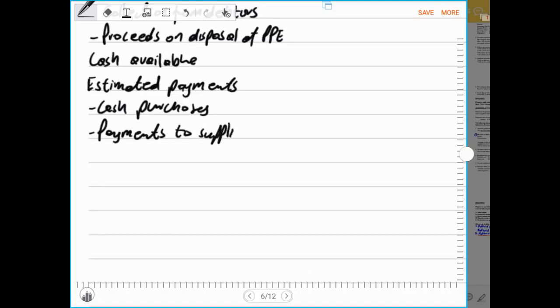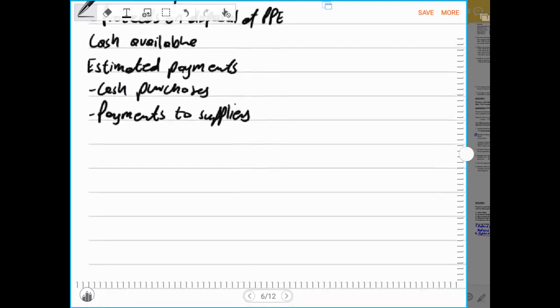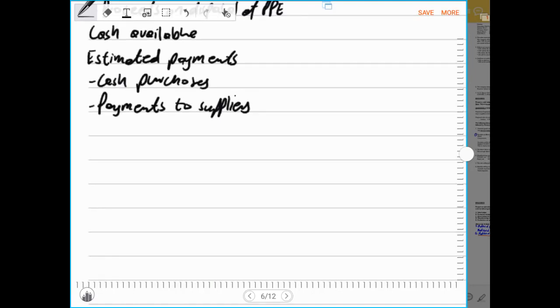Then after we have two expenses, overhead costs paid.